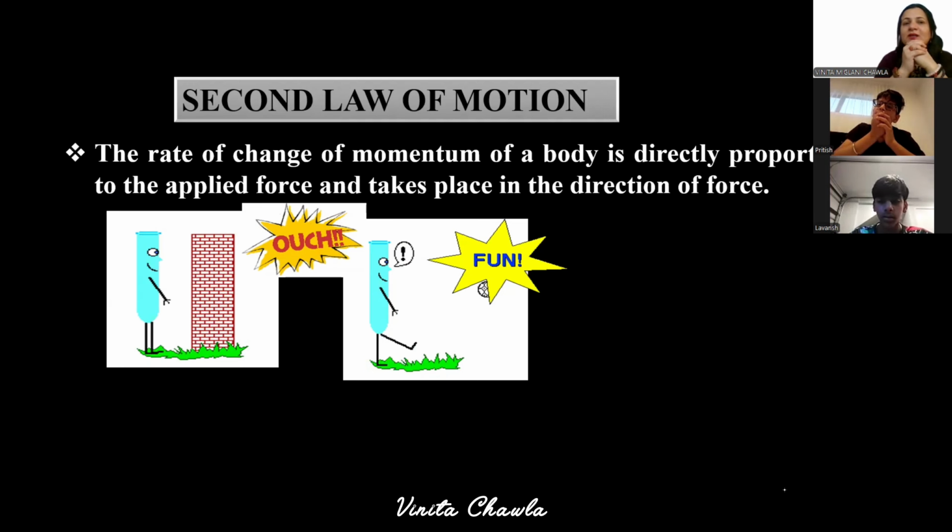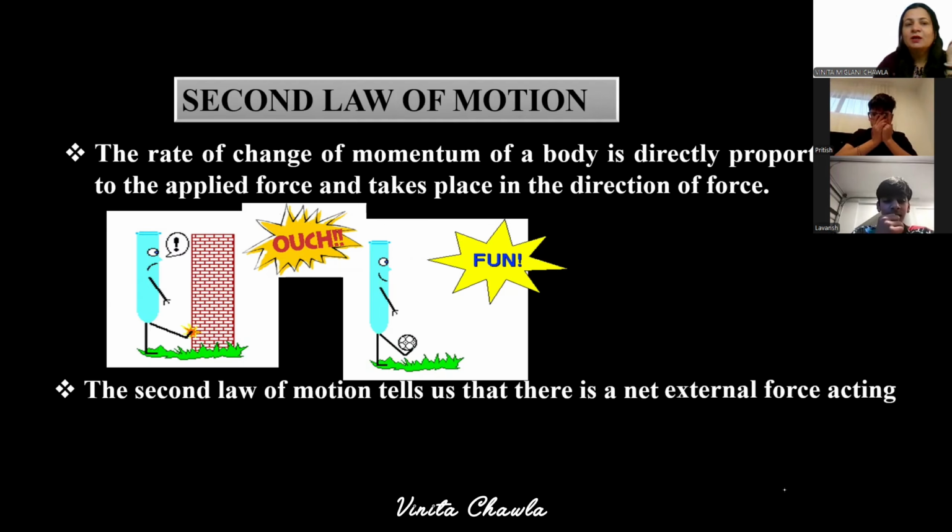Correct, but you can see that the mass of the wall is quite rigid and hard, and it is at its place, right? And the force applied to the wall is not sufficient to break the wall.